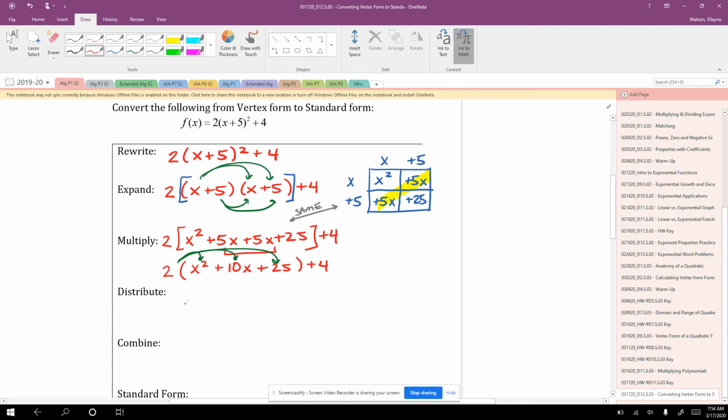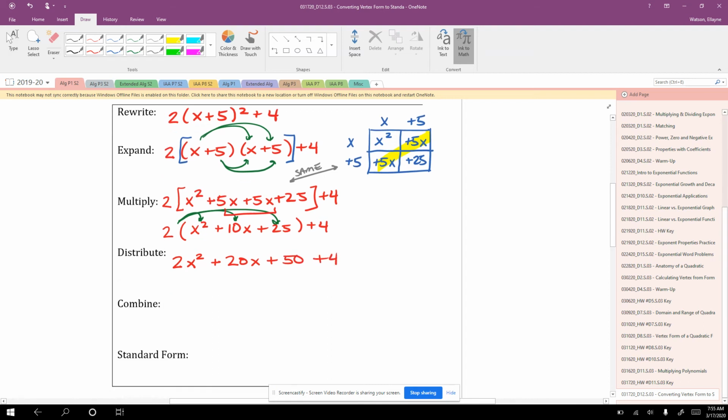So now I'm going to have 2x squared plus 20x plus 50, and I still have the plus 4 out there. And now I'm going to combine any like terms that I still have, and those two like terms would be the 50 and the 4. So now I have 2x squared plus 20x plus 54.